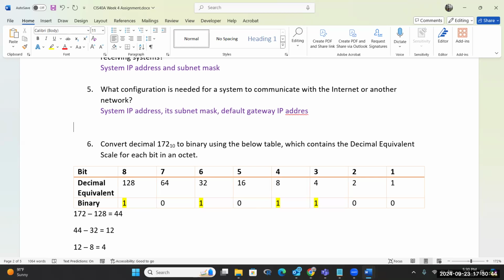We humans use the decimal number system. It's base 10. Your counting numbers, right? 0, 1, 2, 3, 4, 5, 6, 7, 8, 9, 10. Repeat, right? It's an increment of 10. That's a decimal value. Okay. So when you're looking at an IP address that's version 4, it uses decimal numbers in the octet.